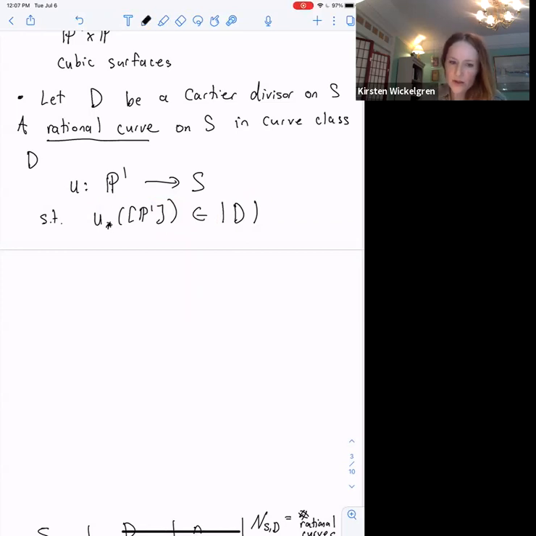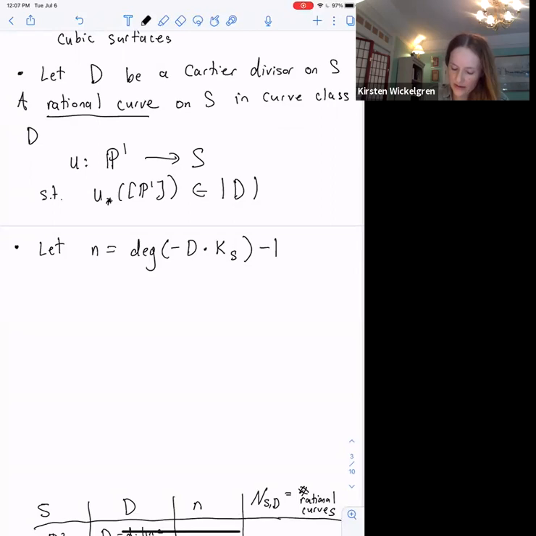We can do a dimension count as before, with a different count. The dimension of such maps is expected to be the intersection of minus K_S and the divisor, that is minus K_S dot D, minus 1.